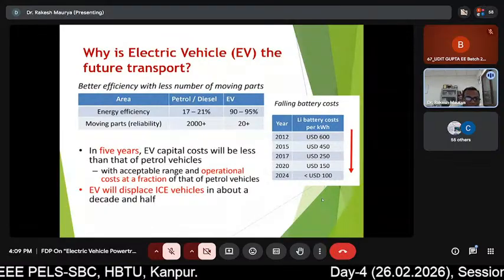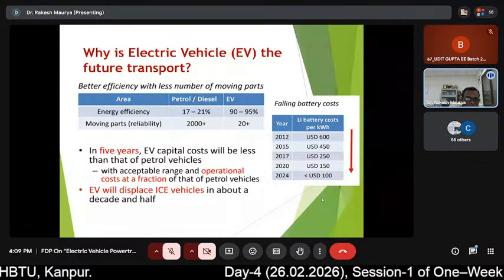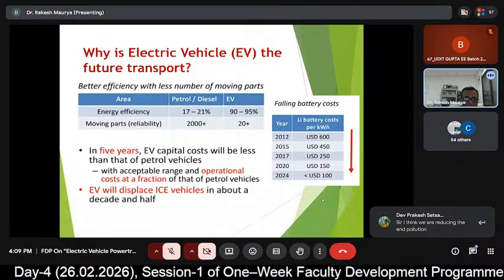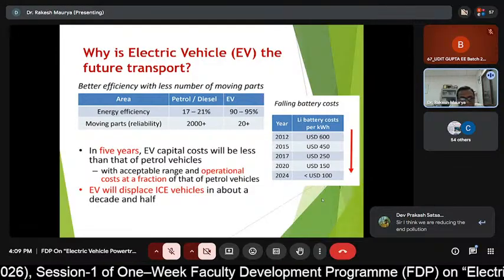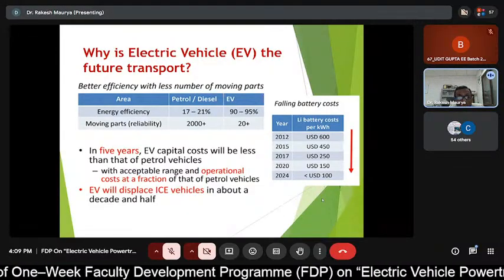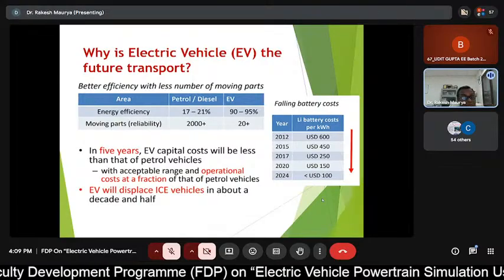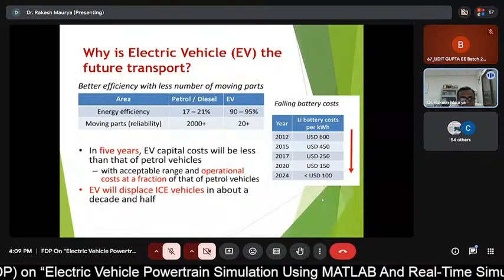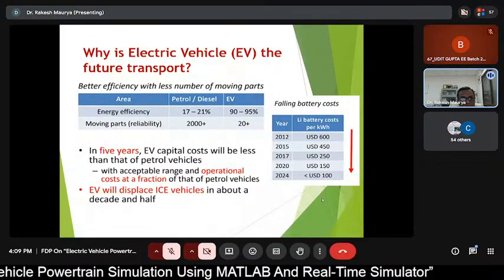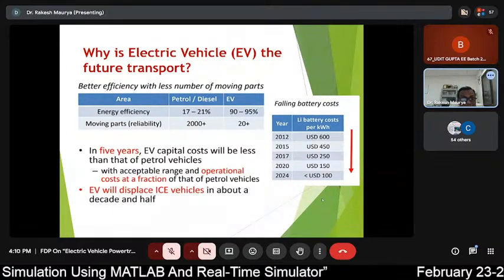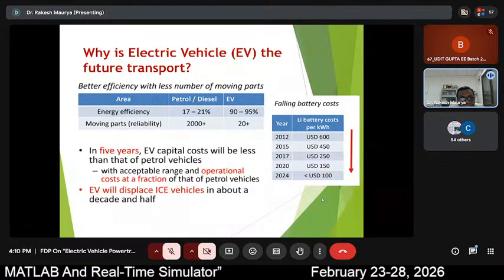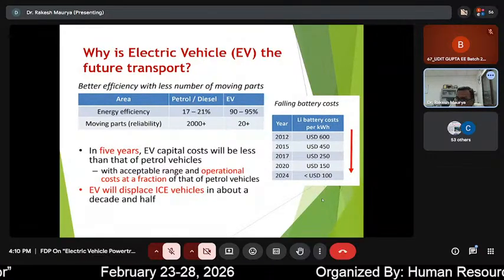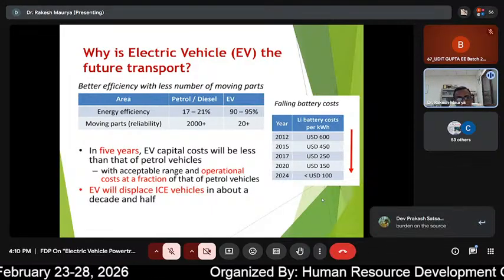If you agree with the pollution-free environment, of course, it's a very debatable talk. The reason: suppose the electric vehicle battery is charged from our power grid. Suppose in India we have millions of vehicles running on the road, and if they are taking power from the conventional power grid, again you are consuming electricity coming from a thermal power plant or any source which is creating pollution in the environment.